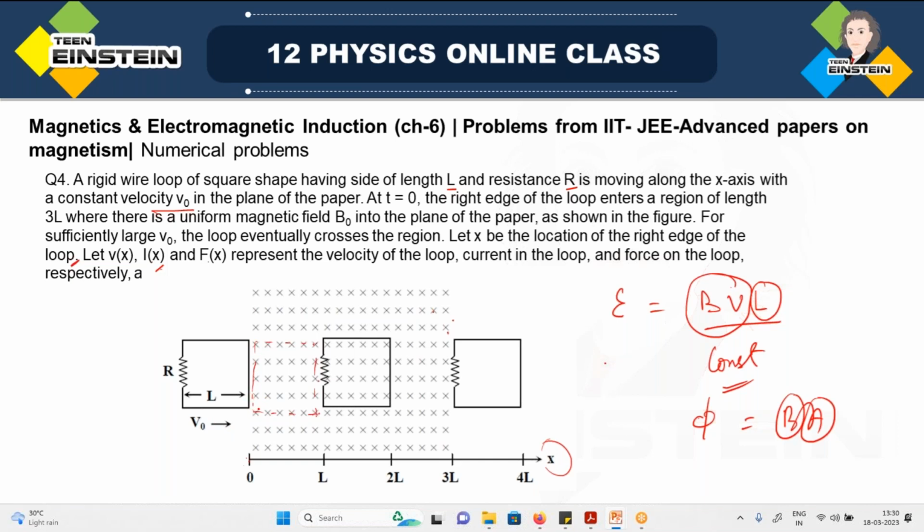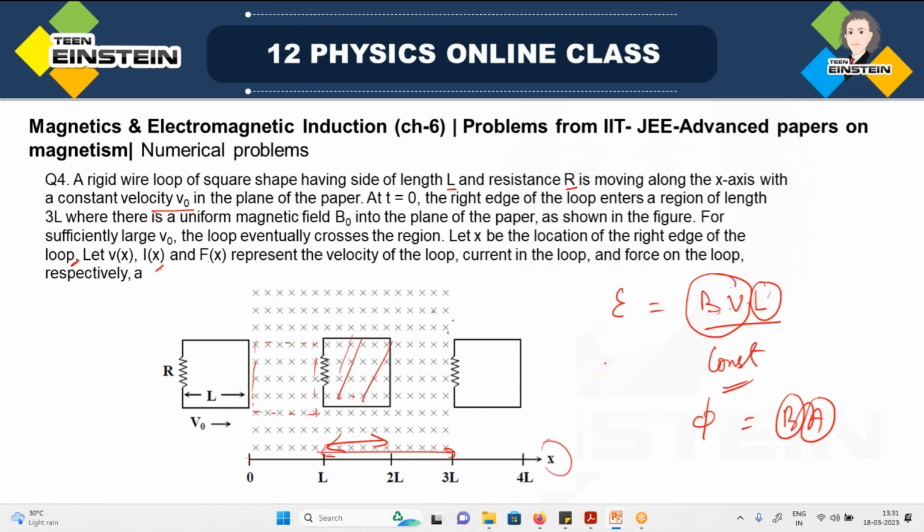But when it is wholly inside here, since B and v don't change and L also is not changing, the induced EMF will be 0. In this region, from L to 2L, it is 0. Even from L to 3L, the magnetic flux change will be 0, so the induced current is 0.